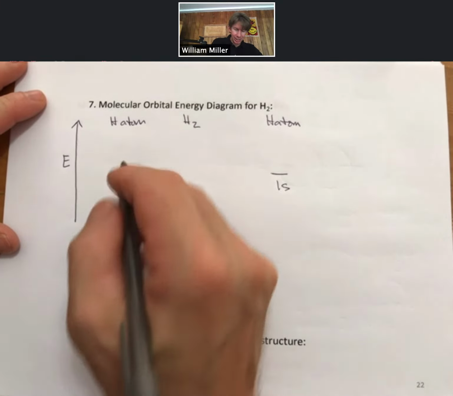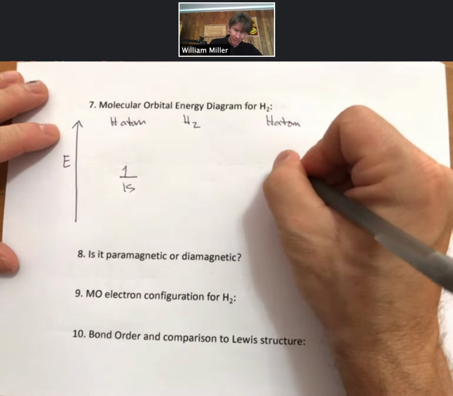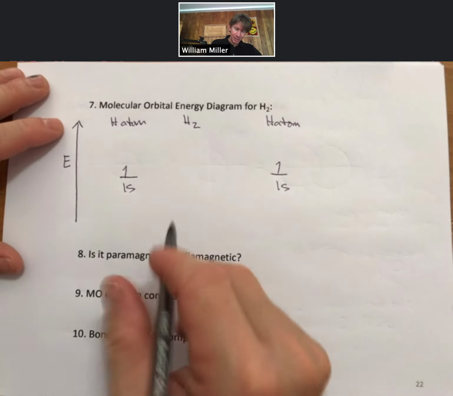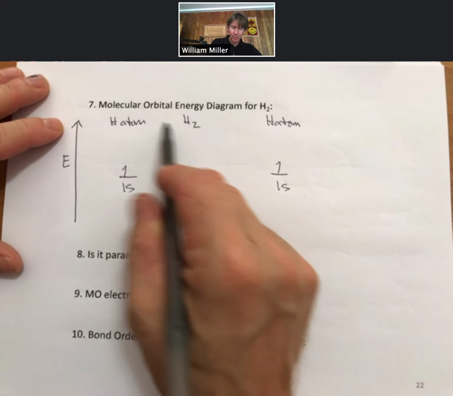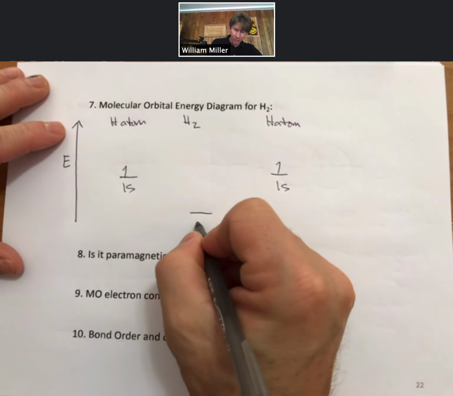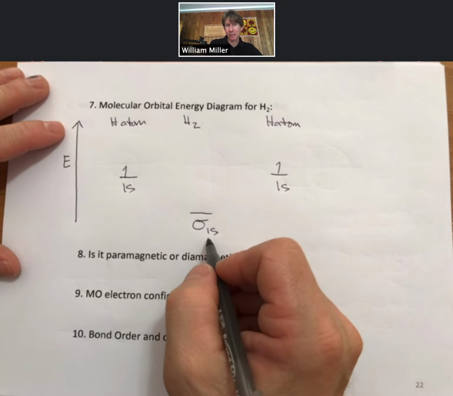And for a hydrogen atom, there's 1 electron. And in the other hydrogen atom, there's 1 electron. And now, these are atoms. When they do make molecular orbitals, you're going to draw one of them lower and call it sigma 1s. That's our bonding molecular orbital.